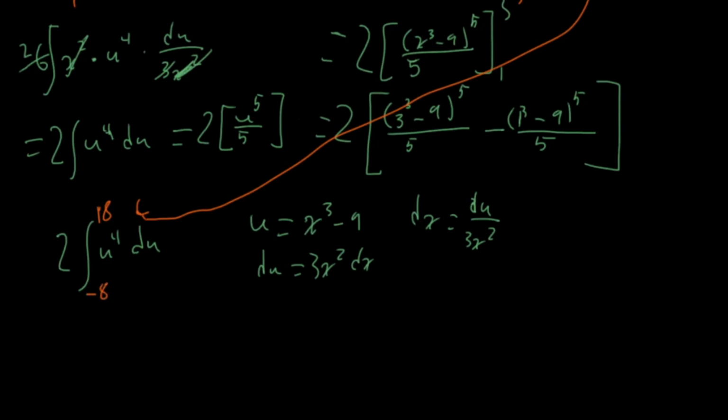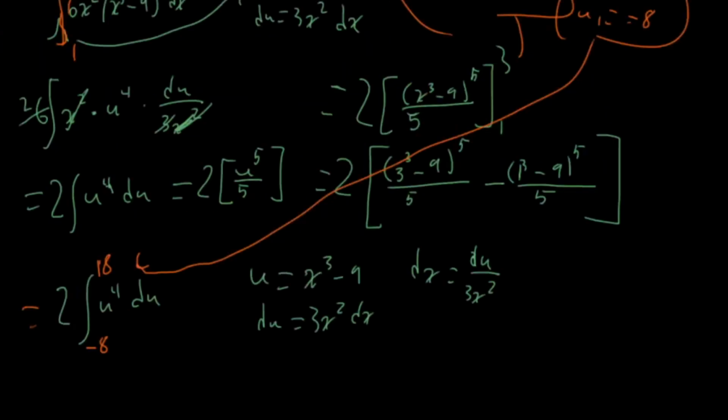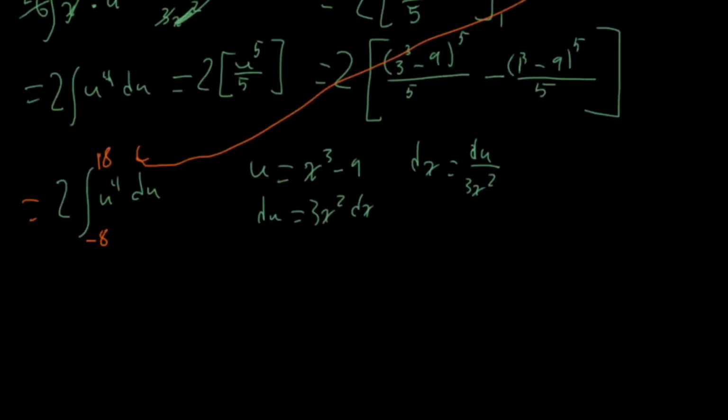And what we could do now, easy enough, is take the integral with respect and the antiderivative with respect to u. Since we have bounds, it's a definite integral. And these is equal to this. And you're going to see that in our final answer. So we'll just write it down. So 2 times antiderivative of u to the 4th is just u to the 5th over 5. -8 to 18 is our bounds.